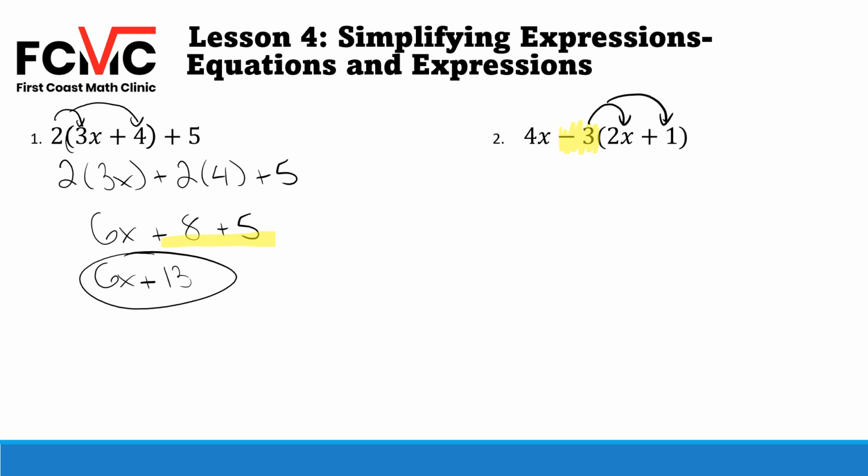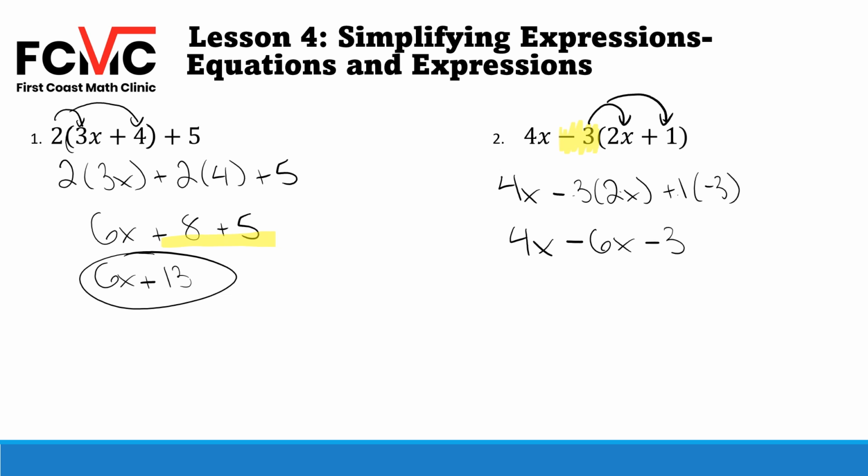So we can rewrite this as 4x times negative 3 times 2x plus 1 times negative 3. We get 4x. Negative 3 times 2x is going to give me negative 6x, or minus 6x. Then 1 times negative 3 is going to give me negative 3.